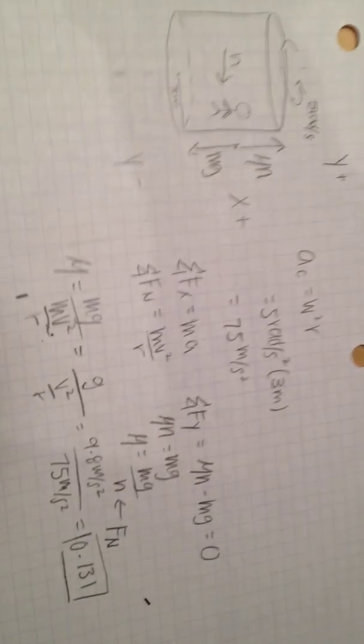If you don't remember from our previous lessons, v squared over r equals ω squared r. They're all centripetal acceleration. We plug in our centripetal acceleration from before. You solve that, and that equals 0.131 as your coefficient of friction. Okay, well, that is the problem.